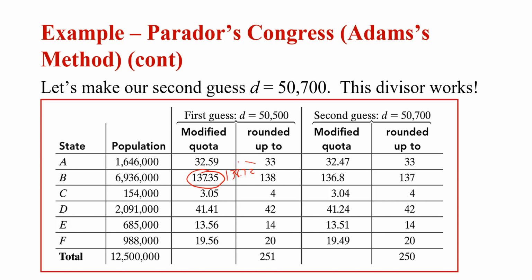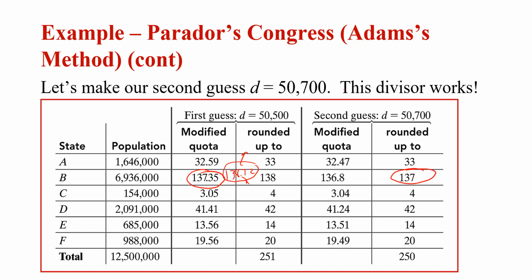That was the original, if you divided everything by 50,500, right? But for Adams' method, what we do is we keep on making the denominator bigger and bigger and bigger, right? So from the original one, it should only have gone to 139 or 138, but eventually with Adams' method, it winds up with a 137 only. Okay, are we good there?